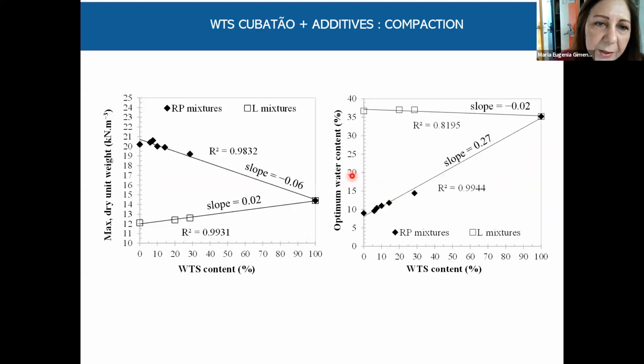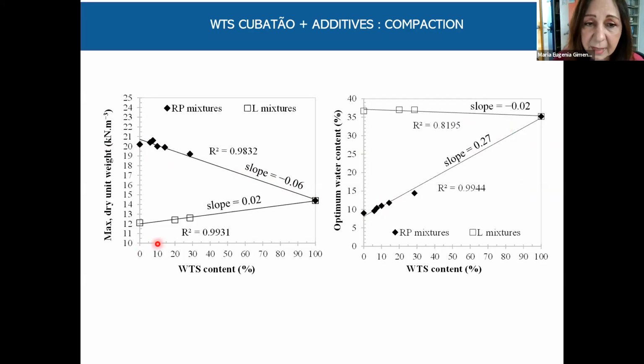The maximum dry unit weight of rock powder sludge mixtures decreases with the sludge content, and the optimum water content increases. This means that the rock powder sludge mixture becomes more porous and more humid with WTS addition.